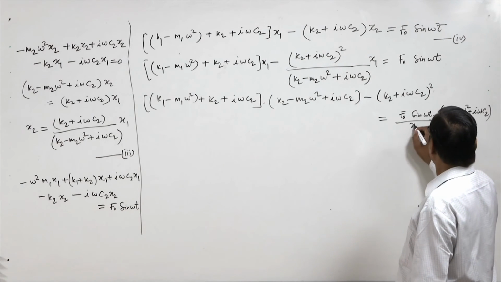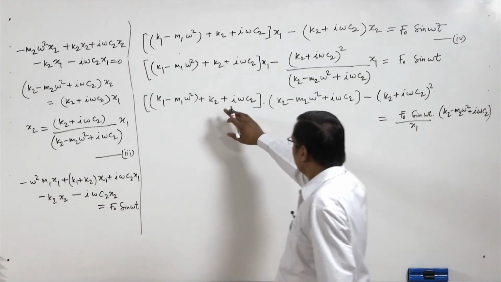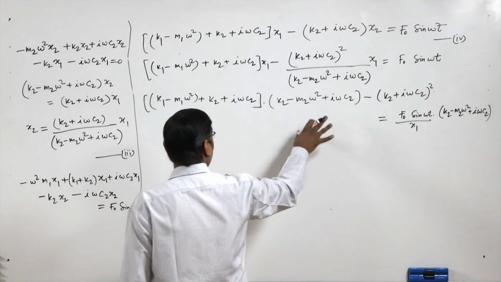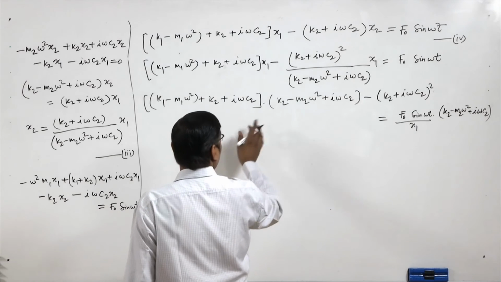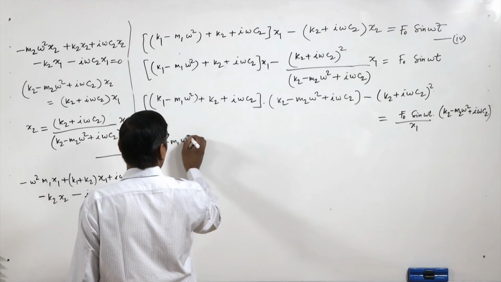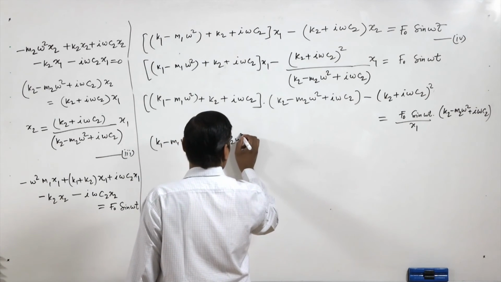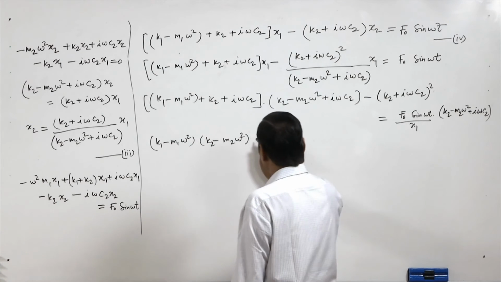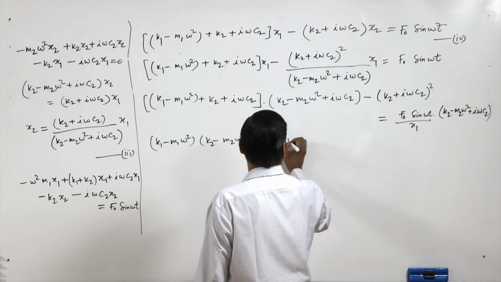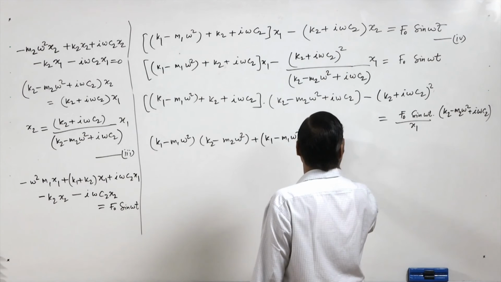We can take X1 aside for a moment, so that we can solve the left side and then write X1 in terms of these functions and parameters. So we multiply this, so we will have (k1 minus m1 omega squared) into (k2 minus m2 omega squared) plus (k1 minus m1 omega squared) into iω c2.